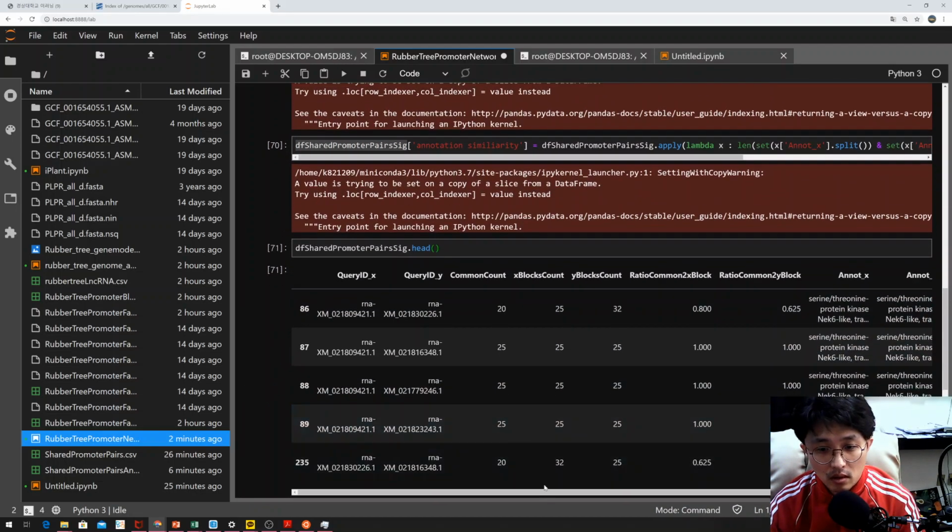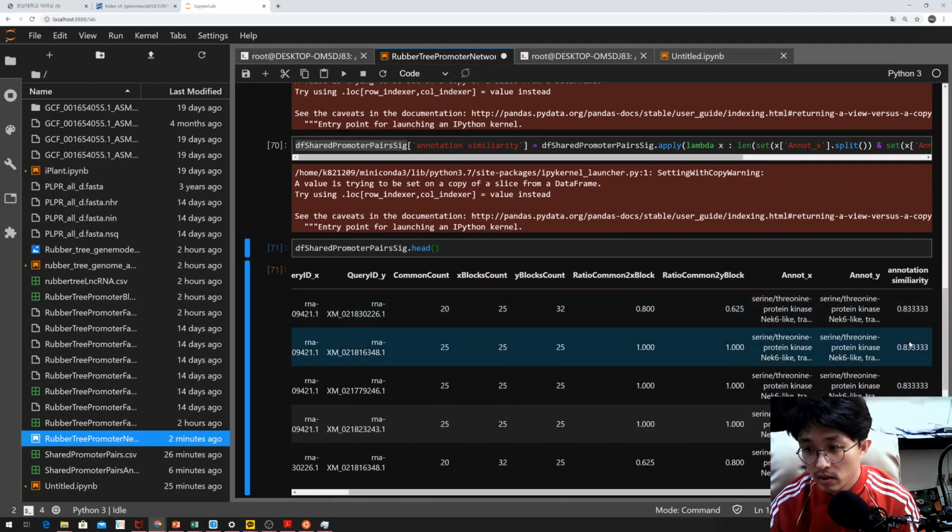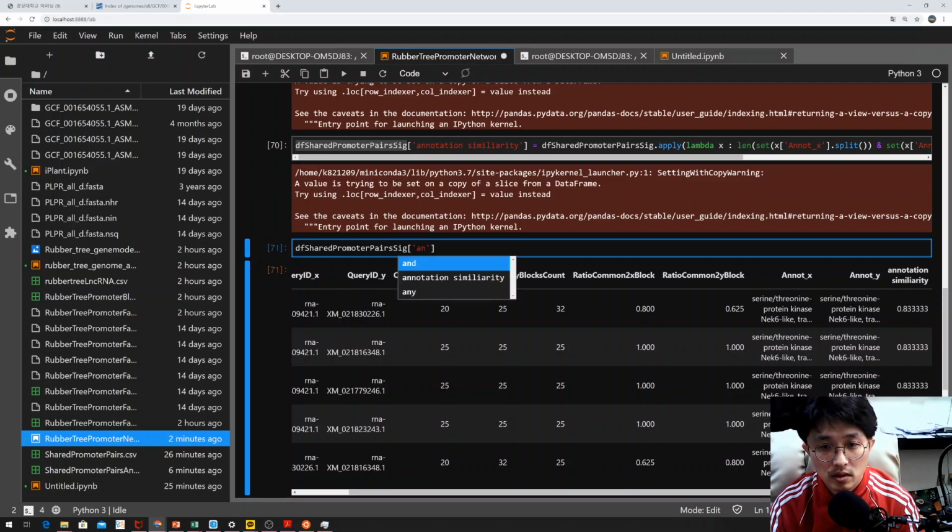Okay. So everything is like more than 80%. You can also put hist, annotation similarity dot hist.